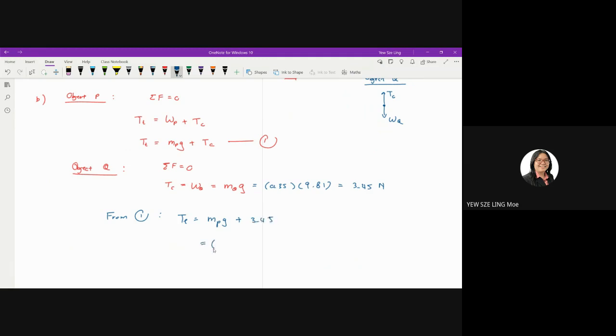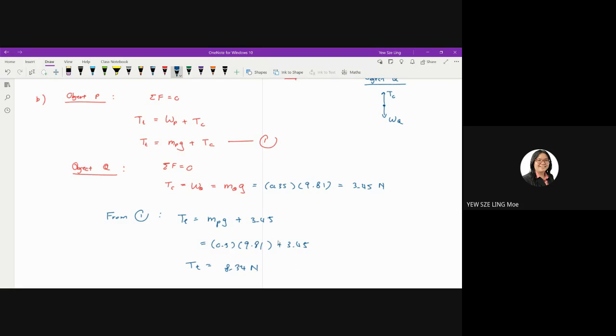Given MP is 0.5 kg, so 0.5 times 9.81 plus 3.45. So TT is then equal to 8.34 newtons.